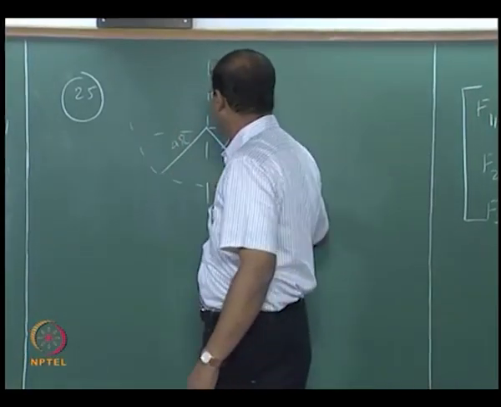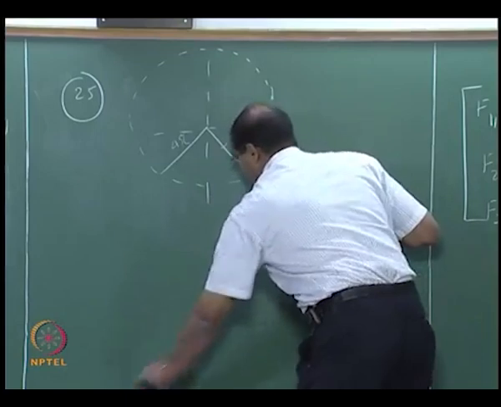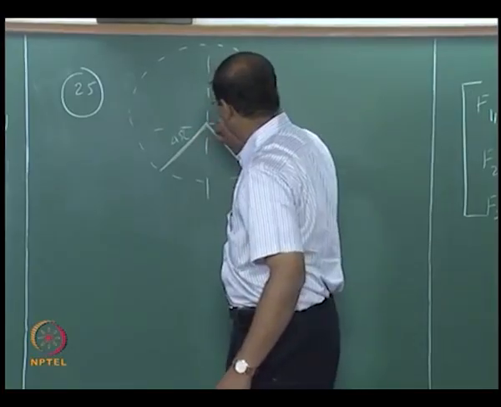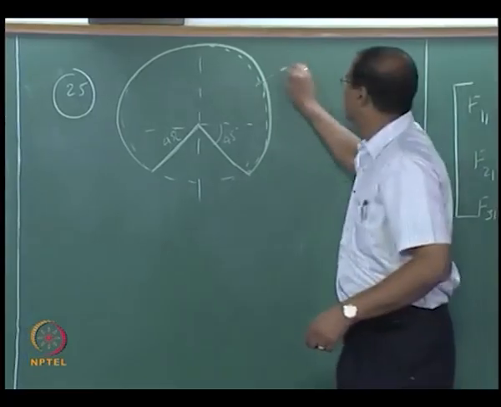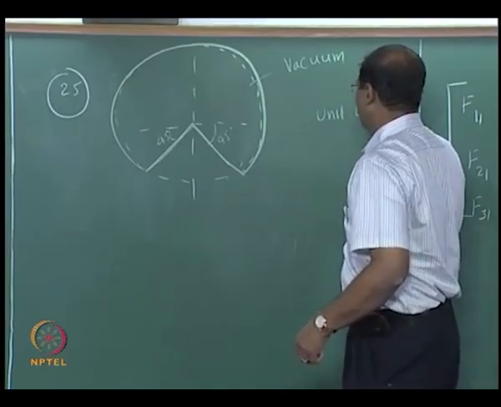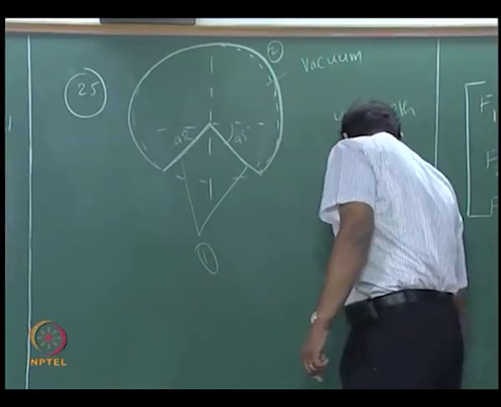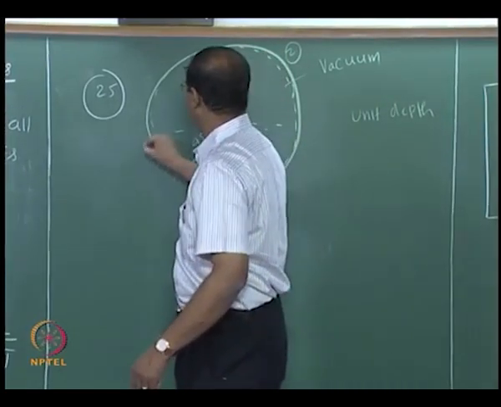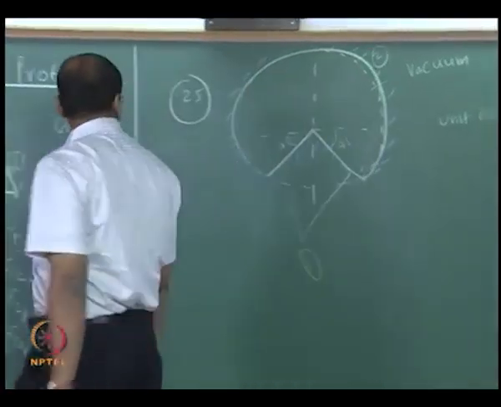Okay, I have a configuration like this. So vacuum, this plus this is 1, this is 2, get all view factors.